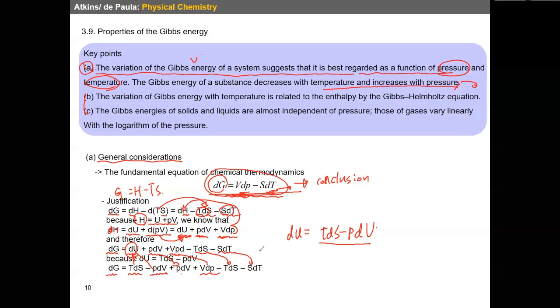Then simply cancel the terms, and finally we get VdP minus SdT. So we get the equation dG equals VdP minus SdT.